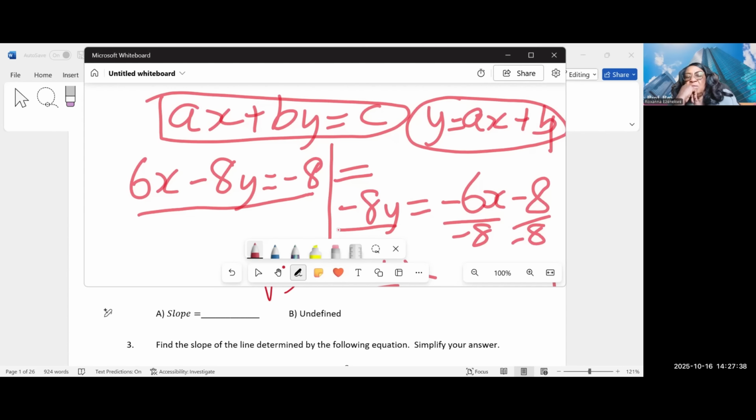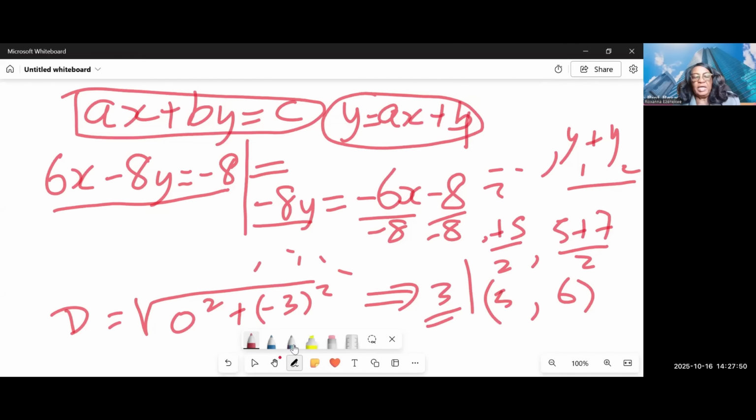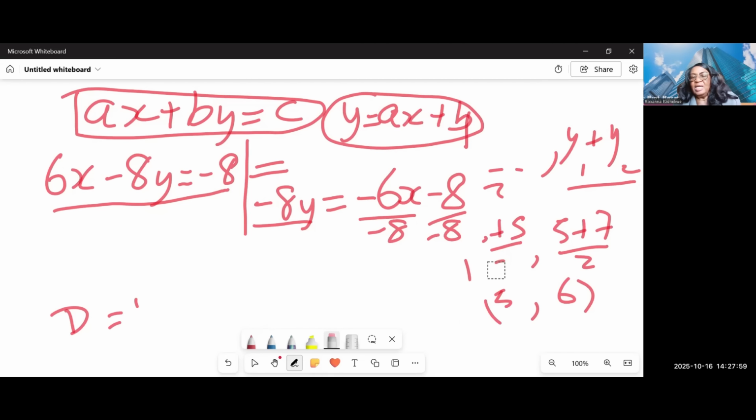So when I divide out, I have the equation where I isolated y.